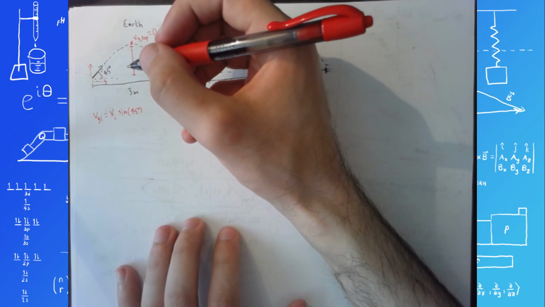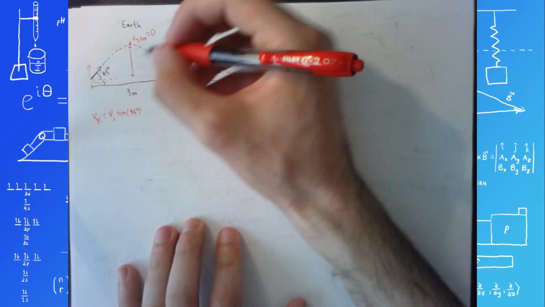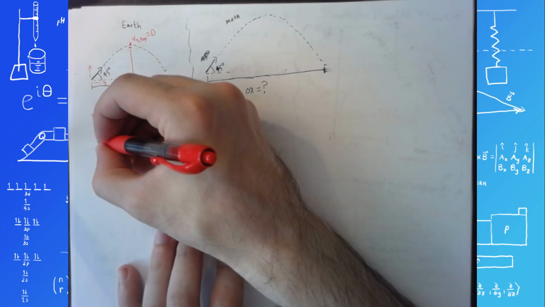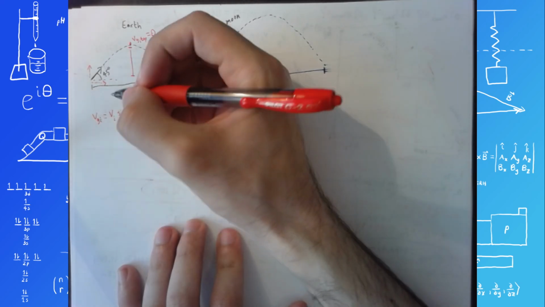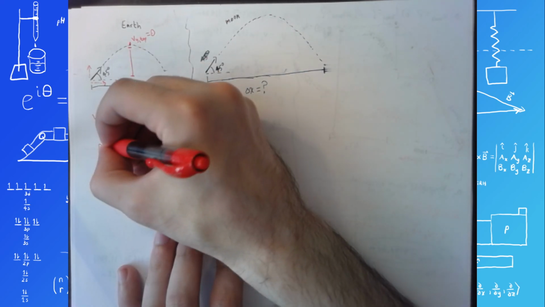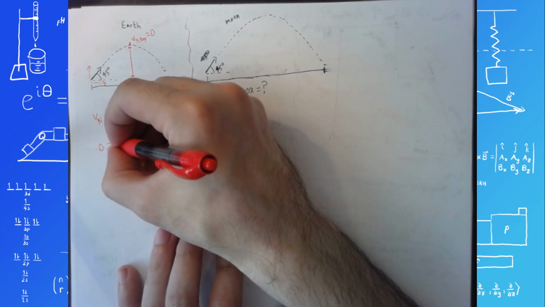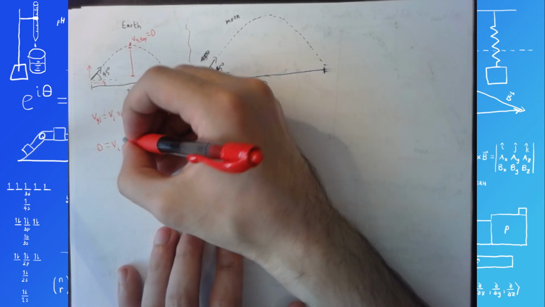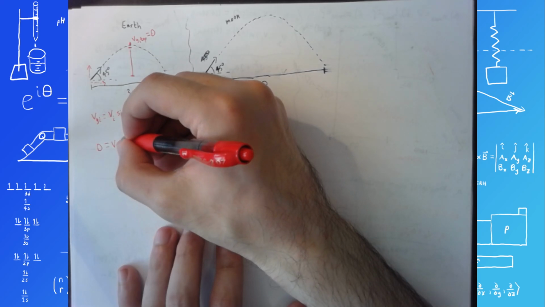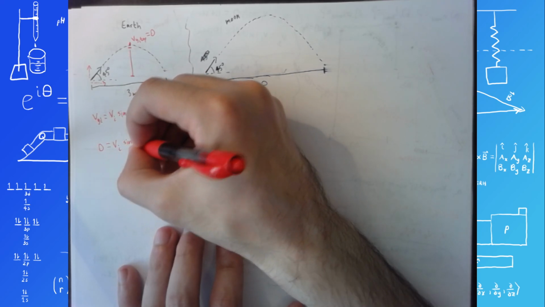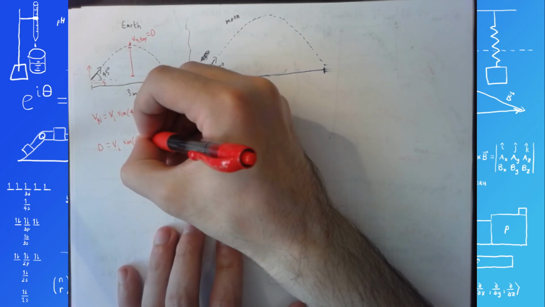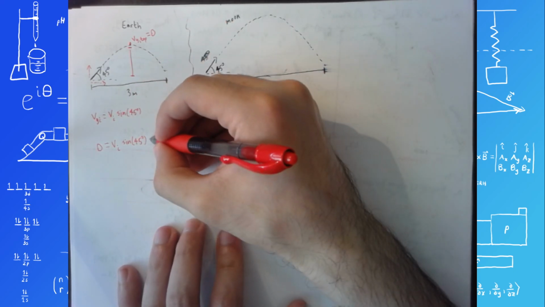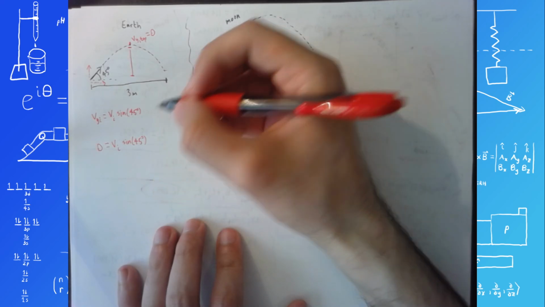And then if I use my first equation to calculate the time to rise, then I would do Vy top, which is 0, equals Vy initial, which is V initial sine 45, plus acceleration times time.